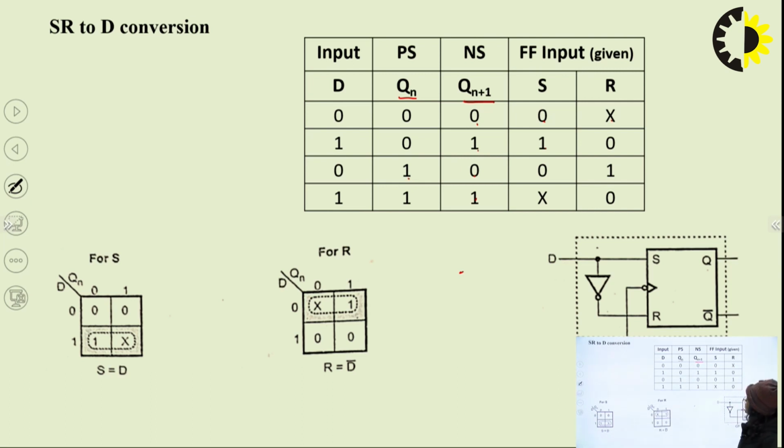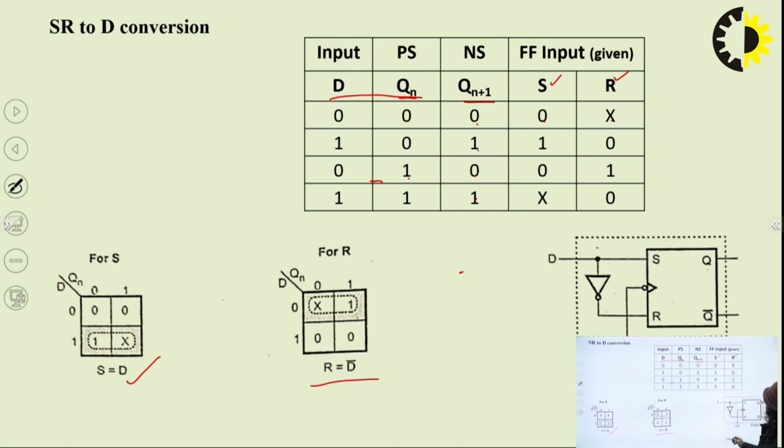Now, using these two inputs D and Qn, we solve two K-maps, one for S and other for R, and find out the equations, that is S equal to D and R equal to D bar.